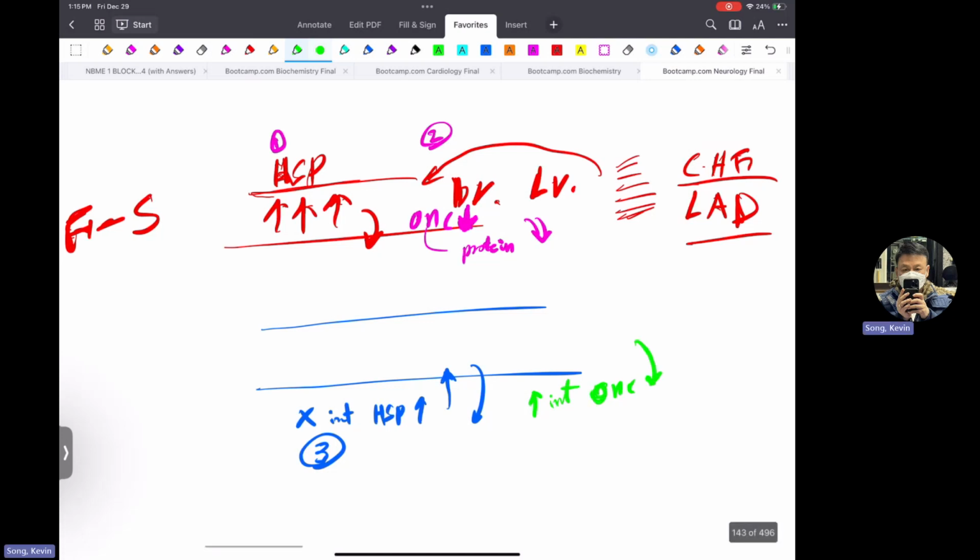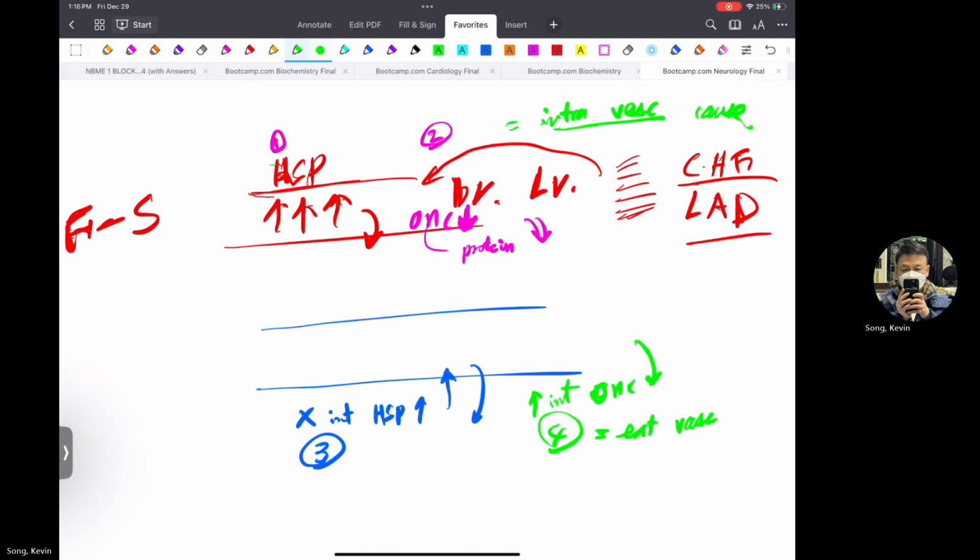So that's the fourth cause. So numbers one and two are intravascular or intra-lymph vessel causes, and then three and four are extravascular causes. Okay, so those all have to do with the Frank-Starling law.